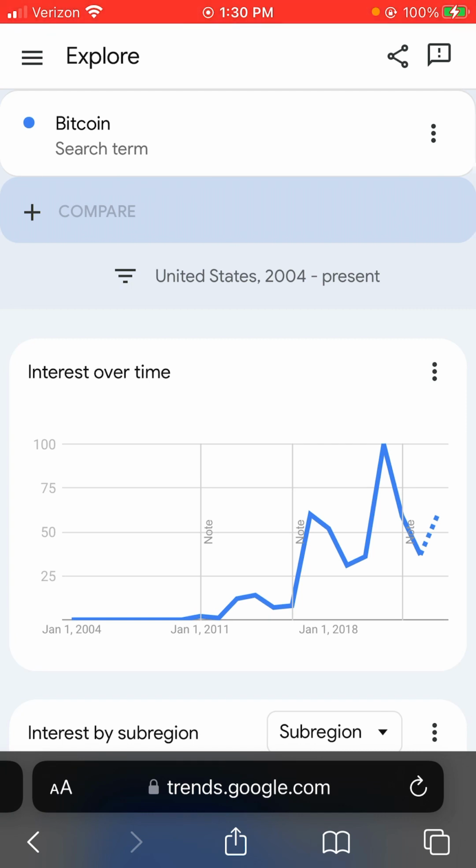Now, that's not necessarily a Google Trends thing. This is not reflecting the price of Bitcoin. This is reflecting the searches for Bitcoin.